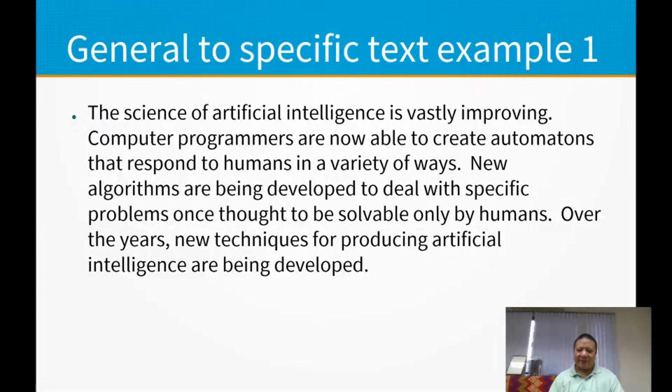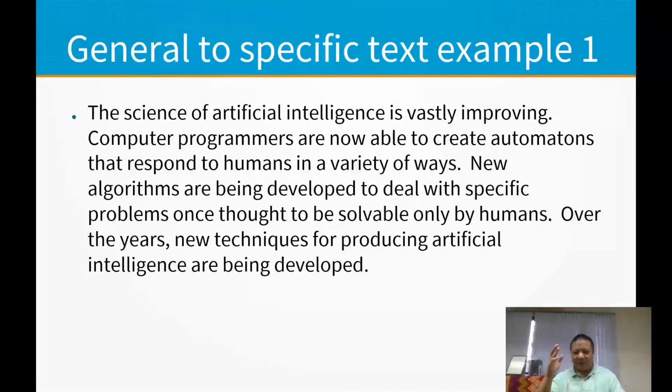Computer programmers are now able to create automatons that respond to humans in a variety of ways. New algorithms are being developed to deal with specific problems once thought to be solvable only by humans. Over the years, new techniques for producing artificial intelligence are being developed.